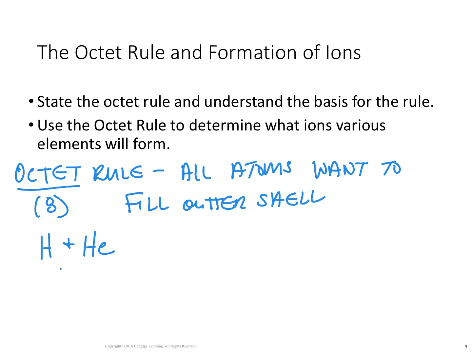For these guys, the outer shell is 1s, so a full octet for hydrogen and helium is 2 electrons. Everything else that's a representative atom, a full octet is 8 electrons in that outer shell.